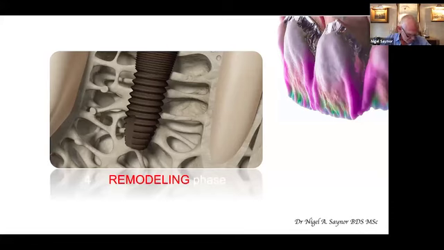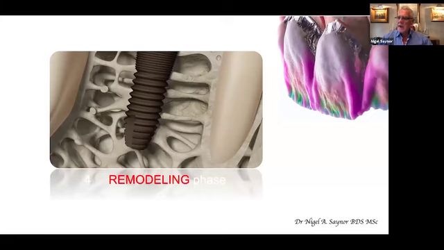We are putting forces directly onto the implant itself, onto the restorative side, and we are really encouraging that bone to work.